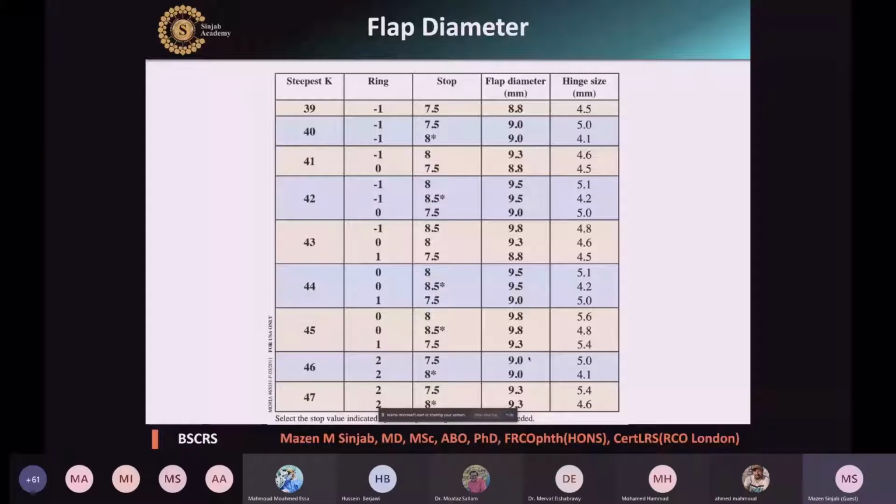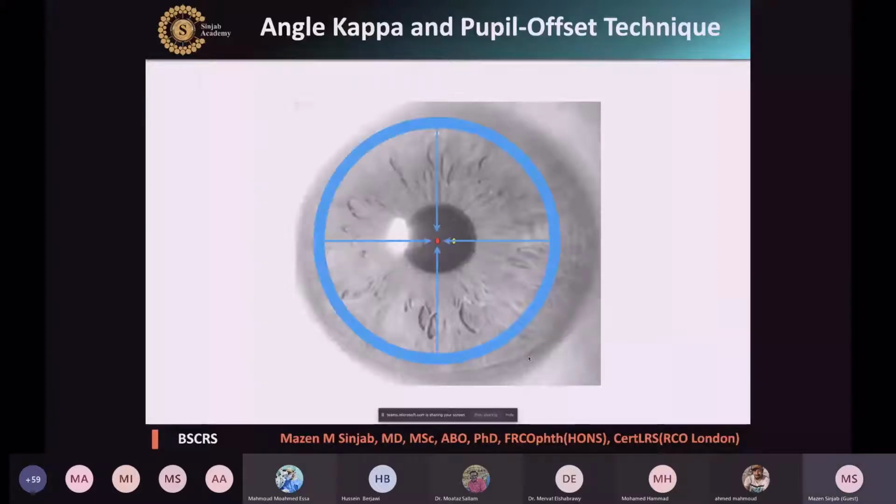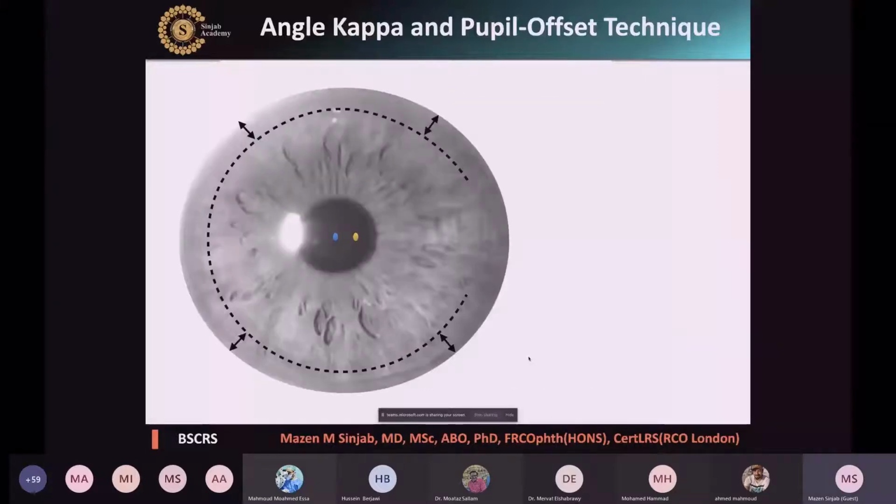But if we are planning to centralize the laser profile, as I mentioned before, with the visual axis, then at the same time, if we are not centralizing the flap with the visual axis, there will be a complication. Why?